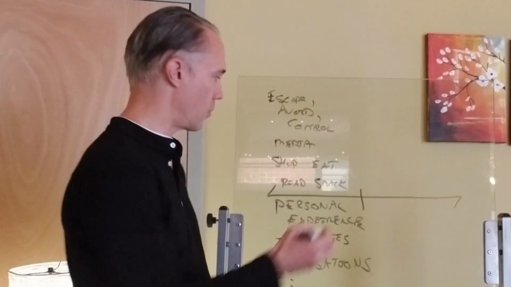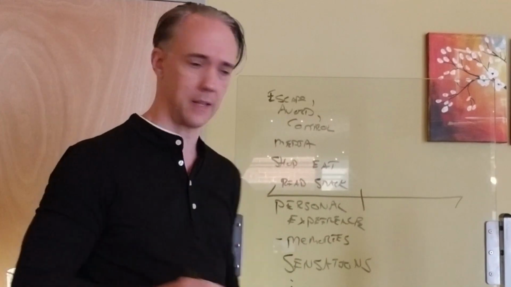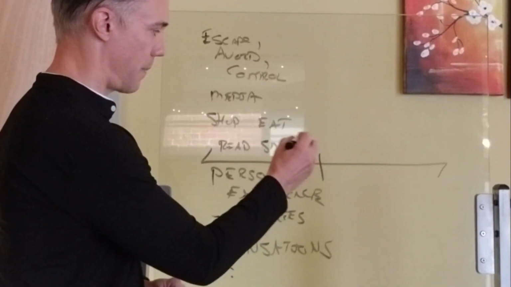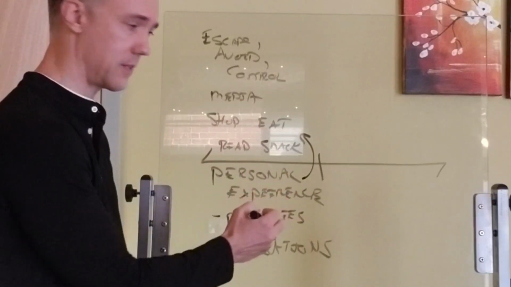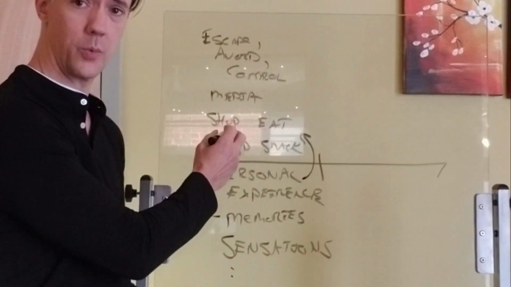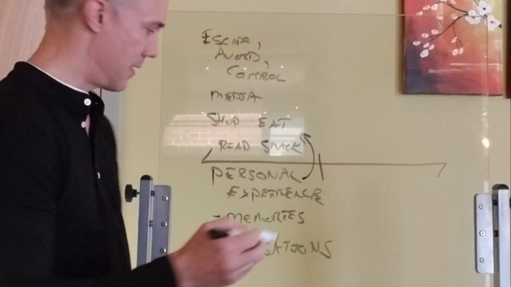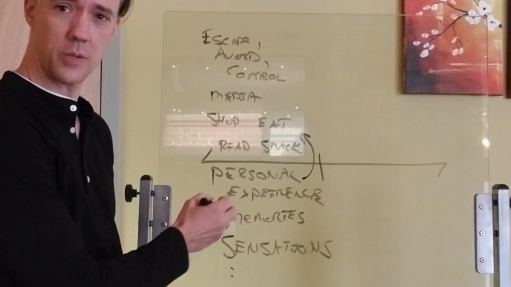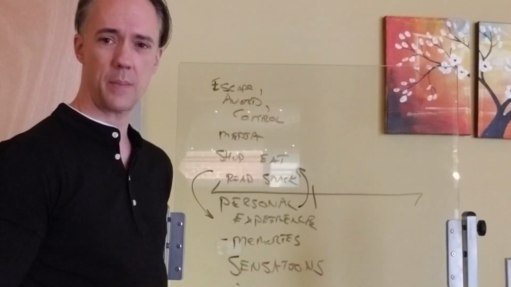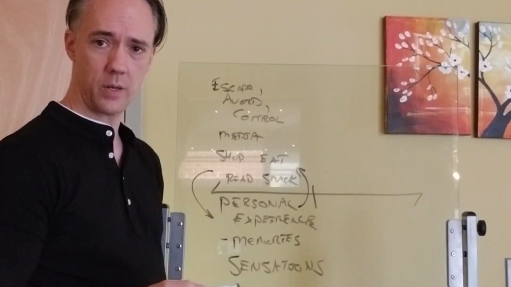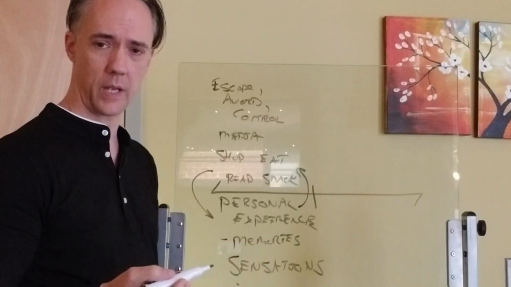But in a nutshell, what are we doing? And here is the key to this. We typically will jump up here to avoid, escape, or control this. And it feels great when we're doing it. But when we're done, that pesky personal experience returns. Sometimes not as bad as it was before, so then the coping mechanism is working.